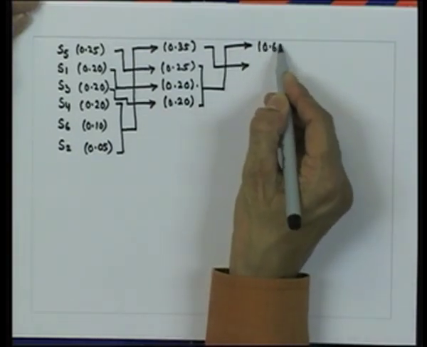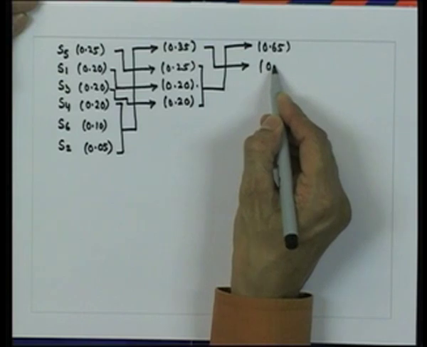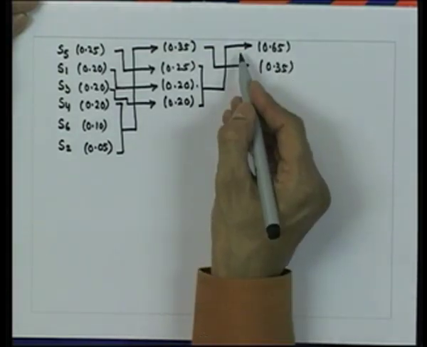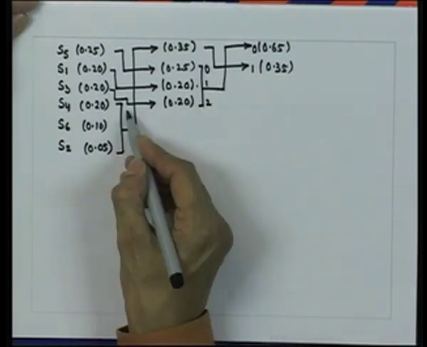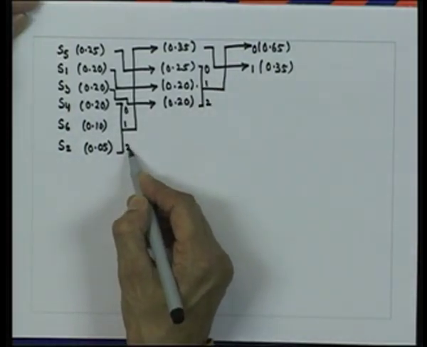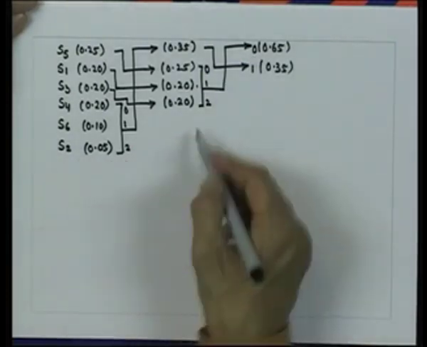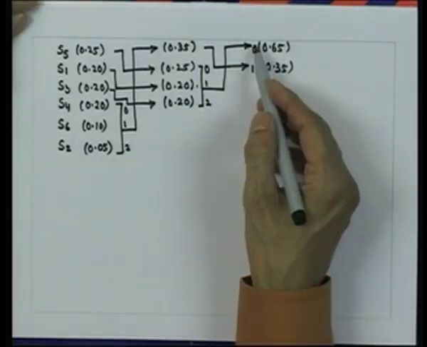And finally this would be 0.20, and then we combine again this 3 to get finally 2 symbols 0.65 and 0.35. Now, we can allot 0, 1, 0, 1, 2, 0, 1, 2, and we trace the path from here to here.